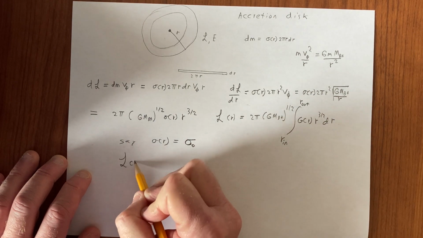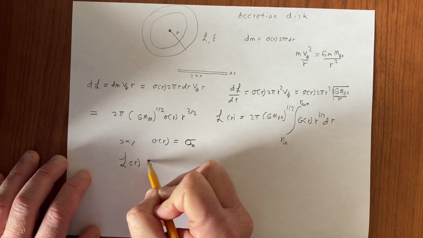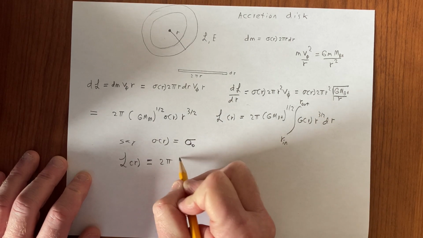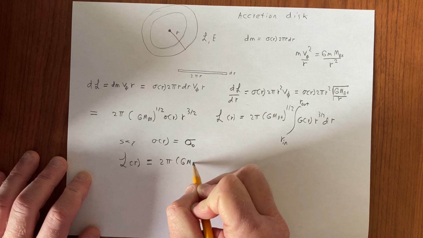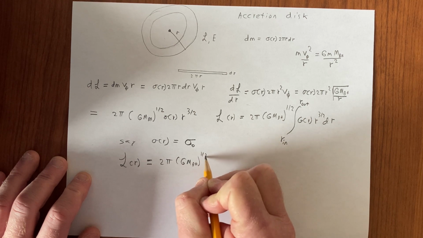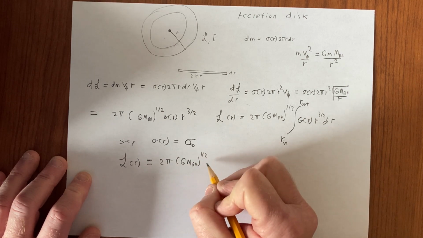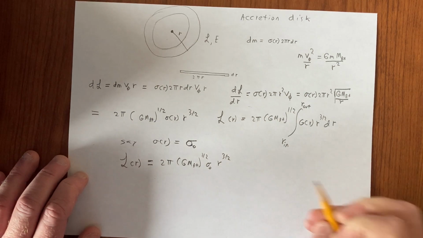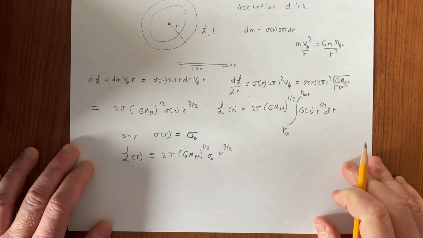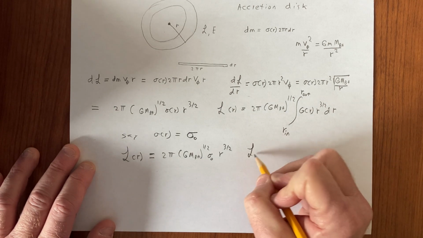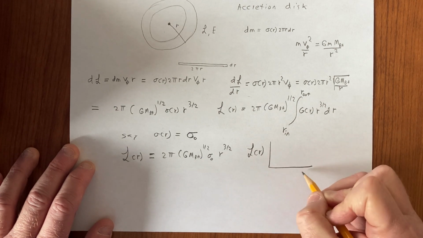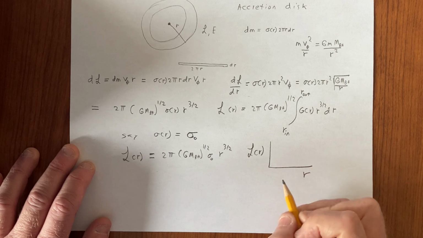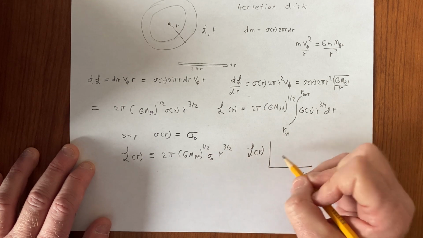Then the angular momentum as a function of r becomes, we pull this out of the integral, we get 2 pi G mass of the black hole to the 1/2 sigma naught r to the 3/2. Then we look at the angular momentum in the disk as a function of radius. Right, that looks like an r to the 1.5.